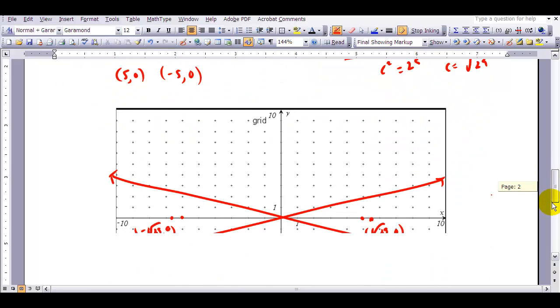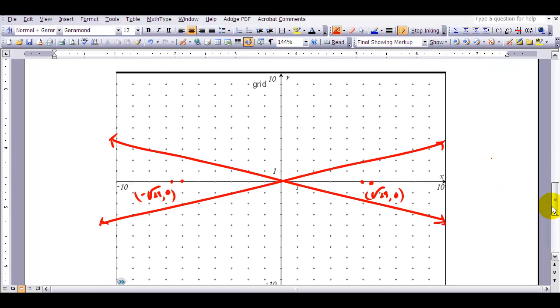Now it's just putting in the shape of our hyperbola. We know that it's going to continue to get closer and closer to those asymptotes. We know kind of what that general shape looks like, and also where the x-intercepts are. So this is kind of our general shape of what that graph should look like. And that's all we're really looking for there.